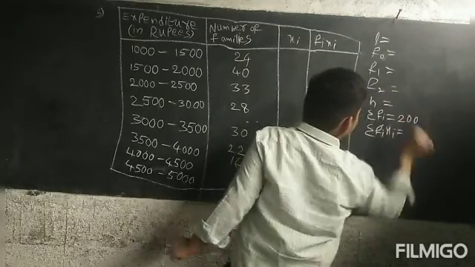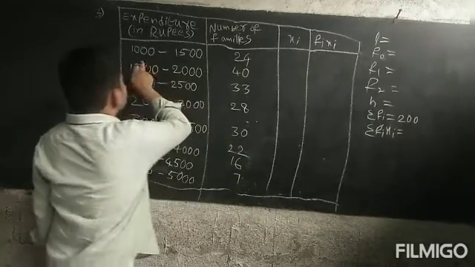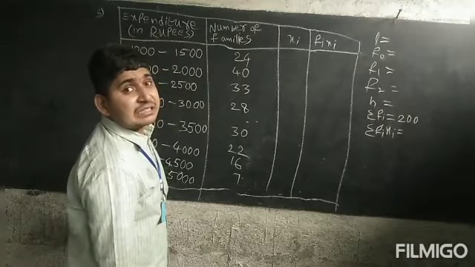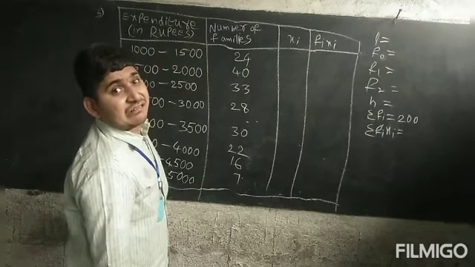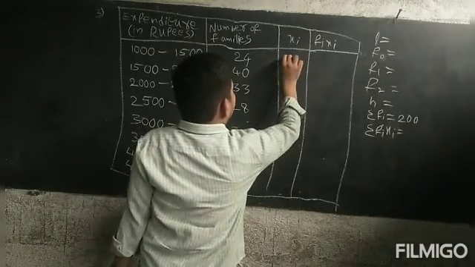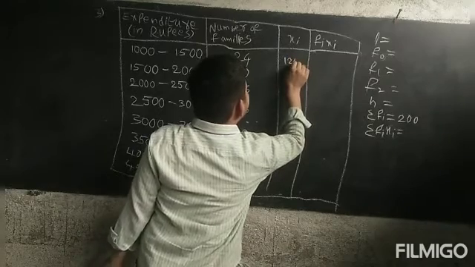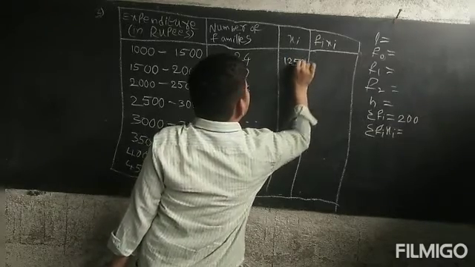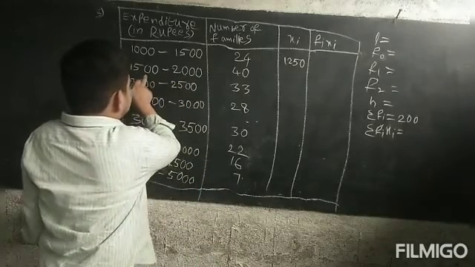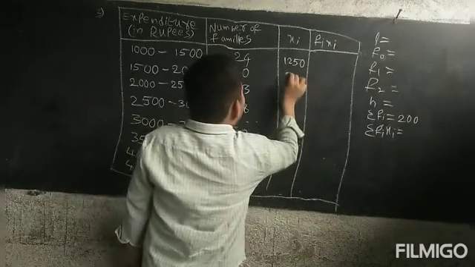Now, 1000 plus 1500, how much? 2500. 2500 by 2, so 1250. Next, 1500 plus 2000 means 3500, means 1750.